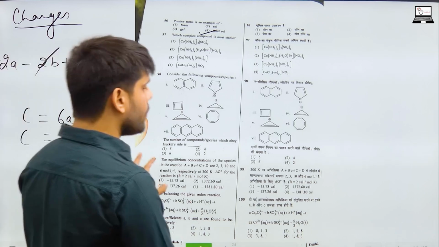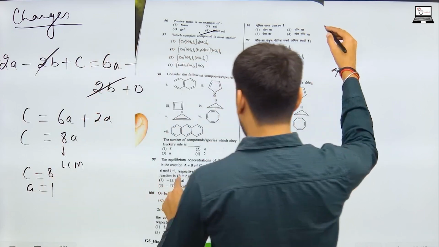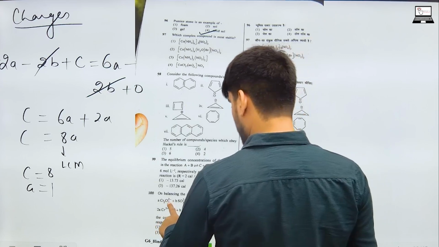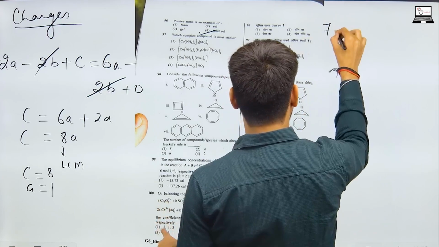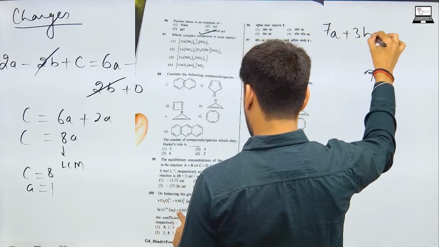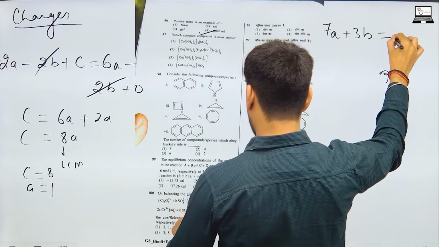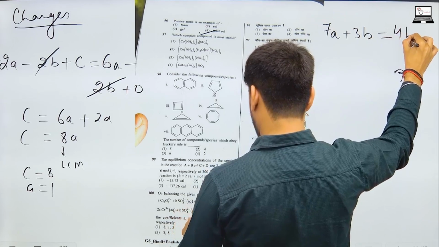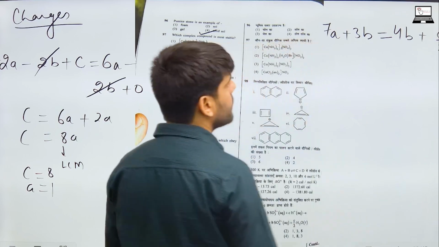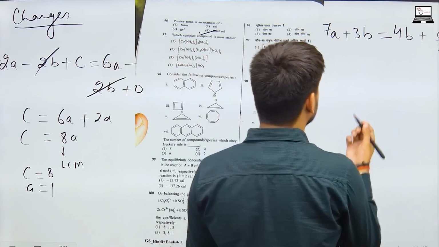Then we will try to balance the oxygens. So if you balance the oxygens, that will be 7a plus 3b is equal to 4b plus c by 2. Let us see this.